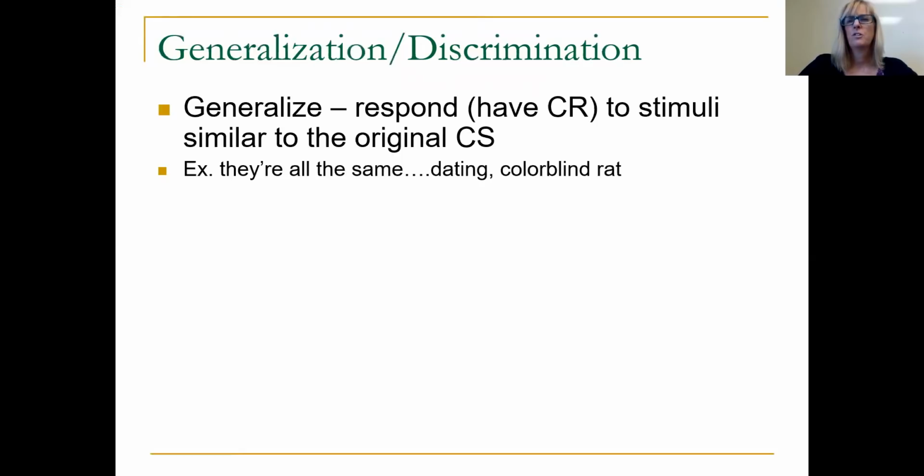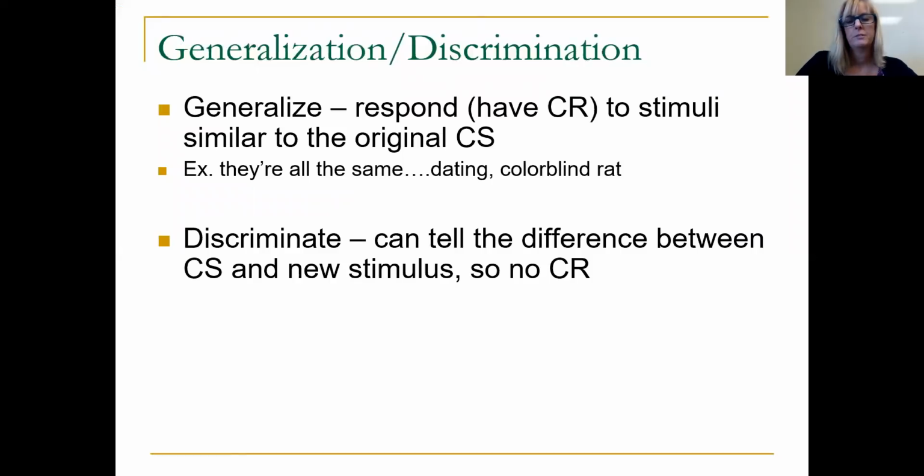So another example is if you have a little kid and the babysitter comes over. Say most Friday nights at 6 o'clock, some stranger comes to the door and then the parents leave and the kid learns this. They may start getting upset every time someone comes to the door because they're thinking, oh my gosh, my parents are leaving, right? That would be generalization. Now, discrimination is the opposite.